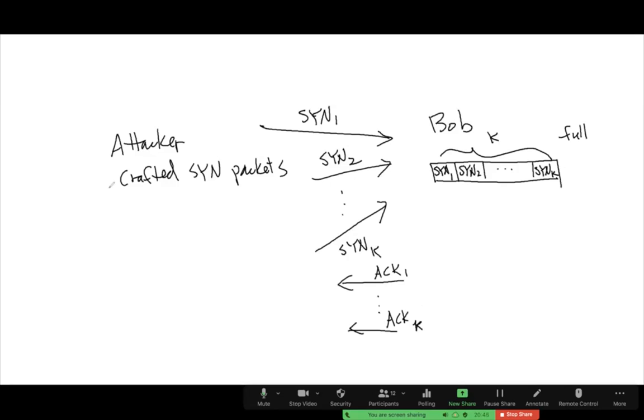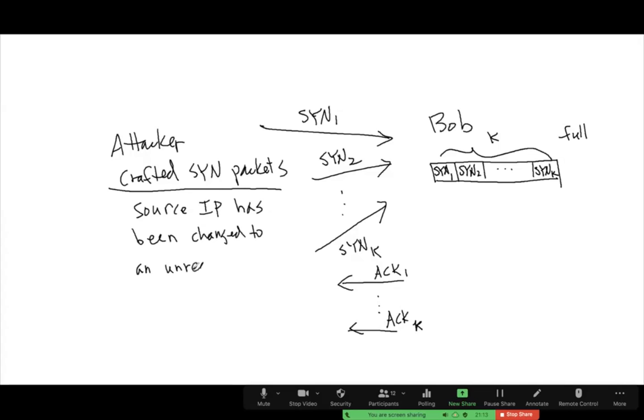However, these crafted SYN packets mean the source IP has been changed to an unreachable but real IP.